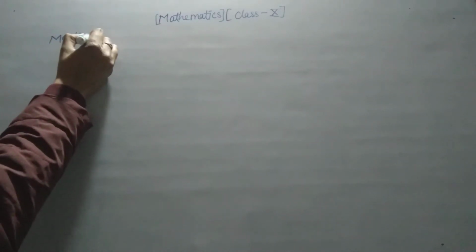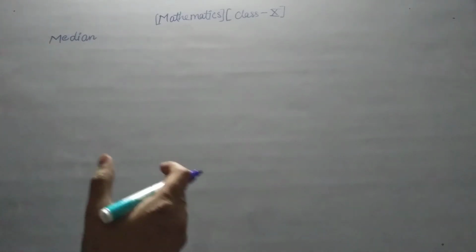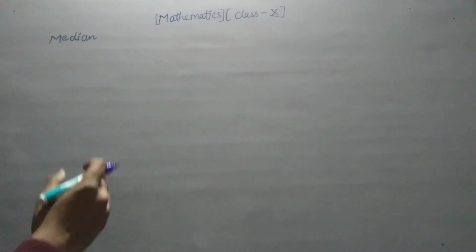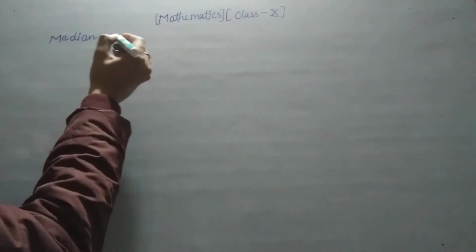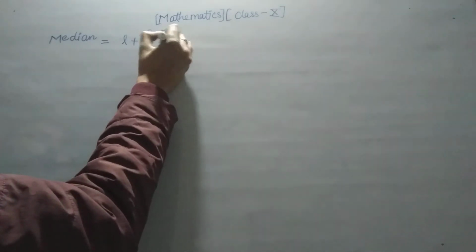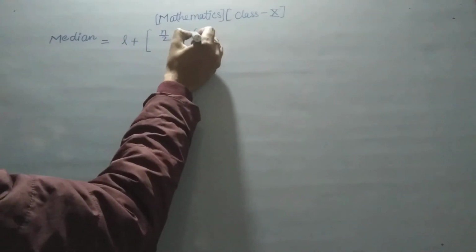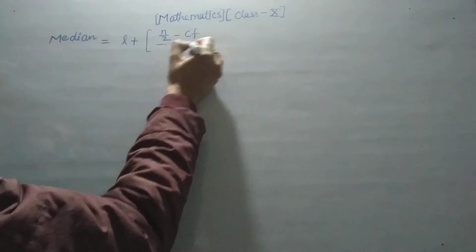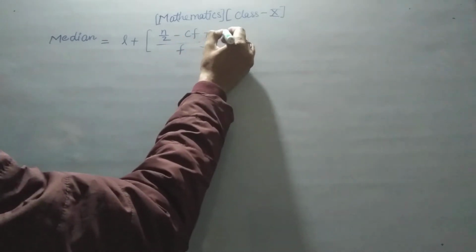Median. In my previous video, we explained the median, but in this video, we discuss the formulas of median, mean and mode. So what is the formula of median? You very well know: L plus (n upon 2 minus Cf) upon f into h.